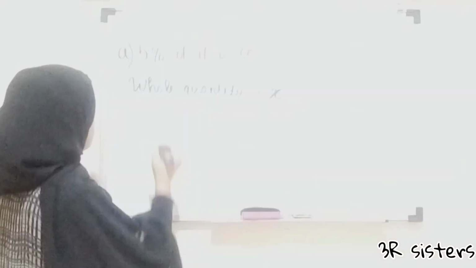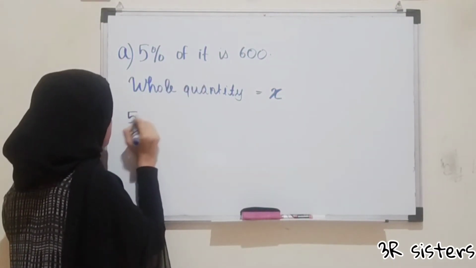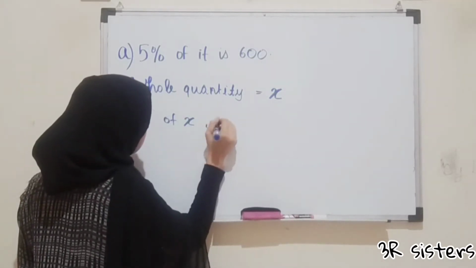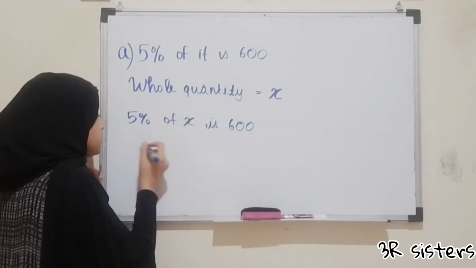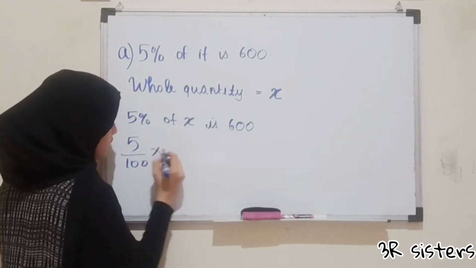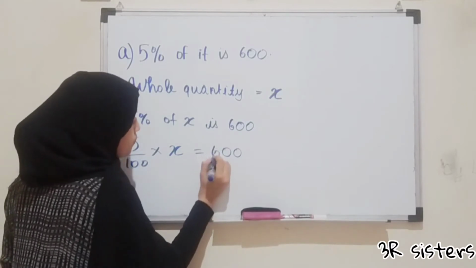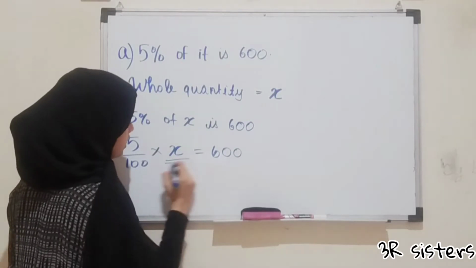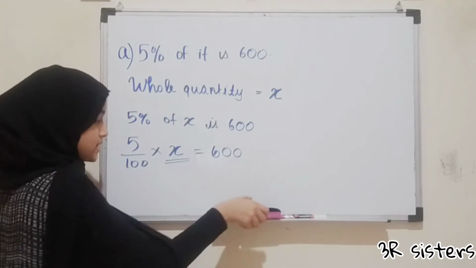Now the question will be like this: 5% of x is 600. We can change the question like this, and when we solve it, it becomes 5/100 into x, which is equal to 600. We have to find only the value of x. How will we find it is our question.